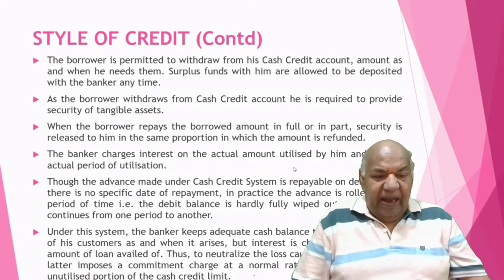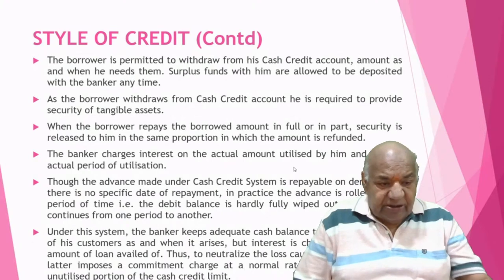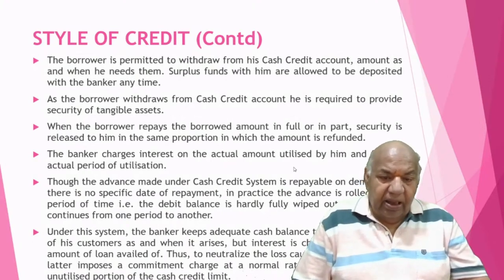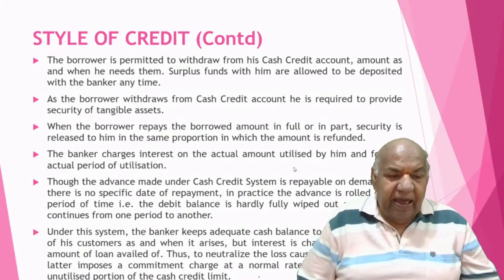Though the advance made under the cash credit system is repayable on demand and there is no specific date of repayment, in practice the advance is rolled over a period of time.